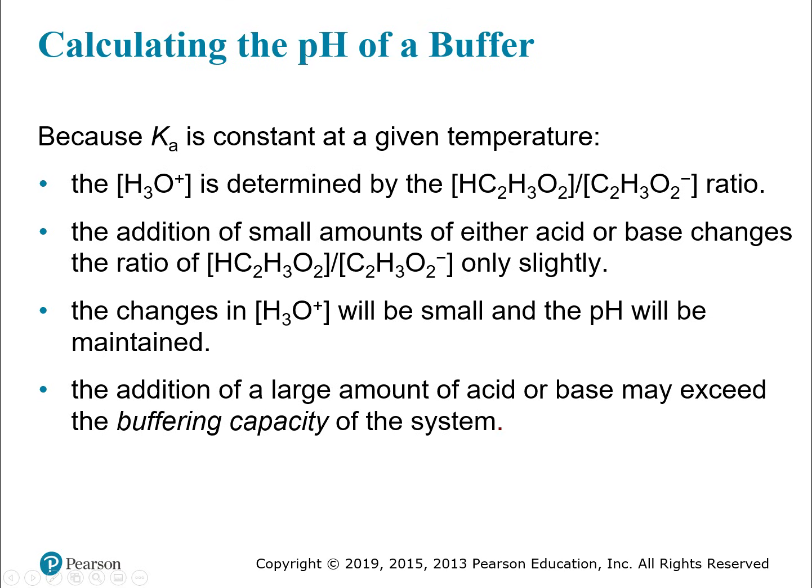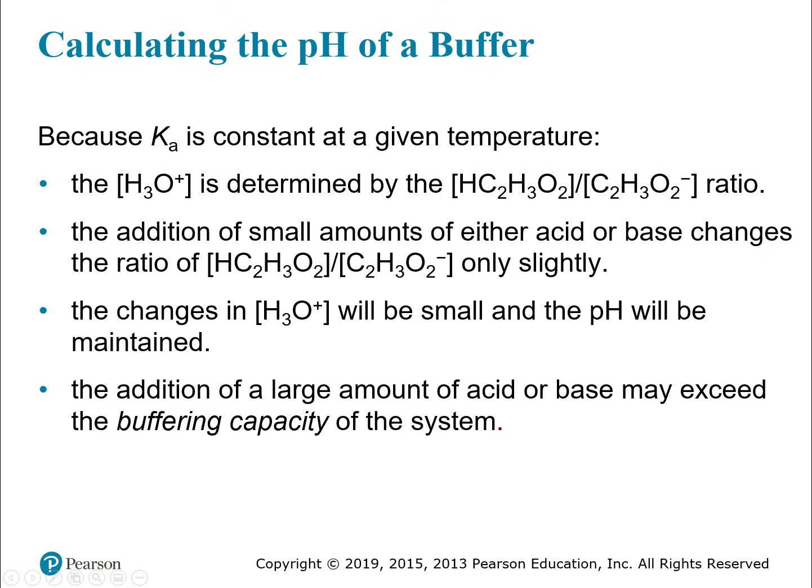So remember that the Ka is a constant at a given temperature. So we're usually assuming 25 degrees. Same thing with the Kw. Because it's a constant at a given temperature, the amount of hydronium is determined by the ratio of the weak acid and the conjugate base.